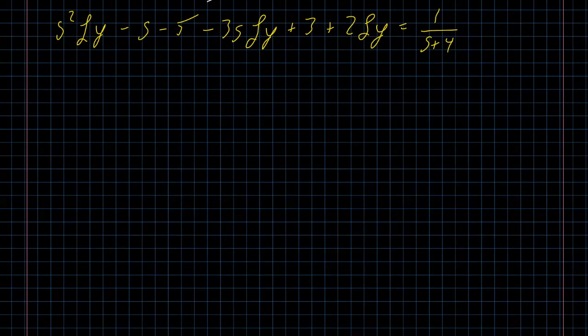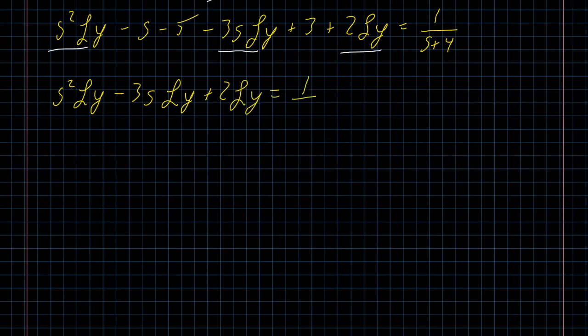I'm going to keep all of my terms that include the Laplace transform of y on the left-hand side of the equation. The other terms I'm going to move to the other side of the equation. So I'll have plus s plus 5 and minus 3, all told is plus 2. And then a little bit more algebra.